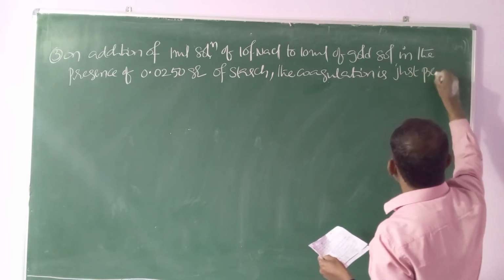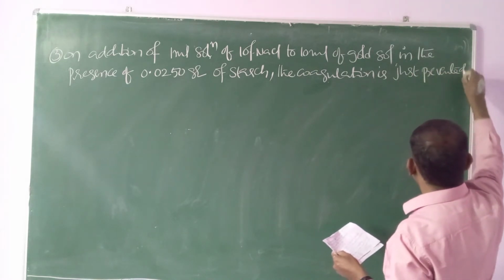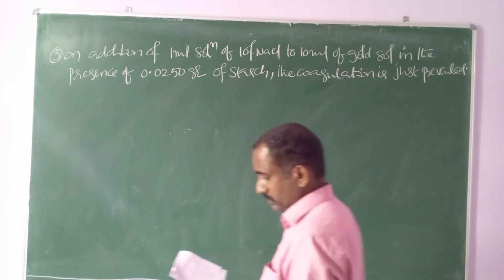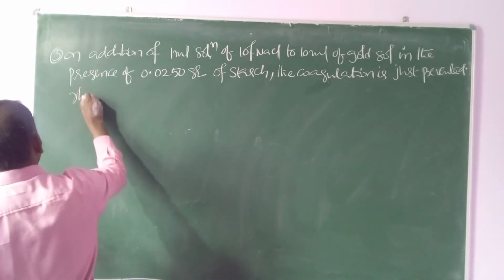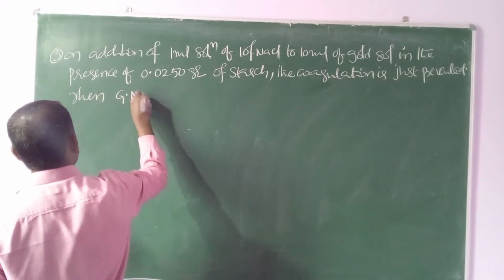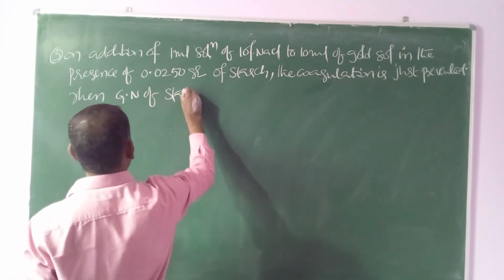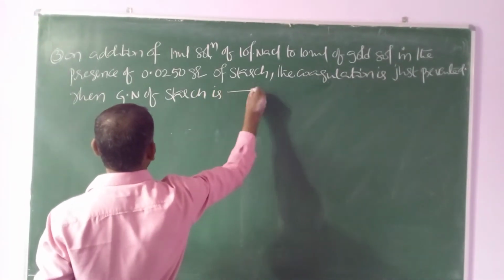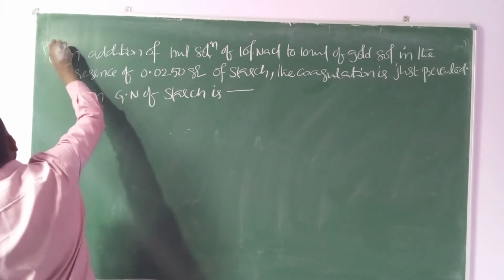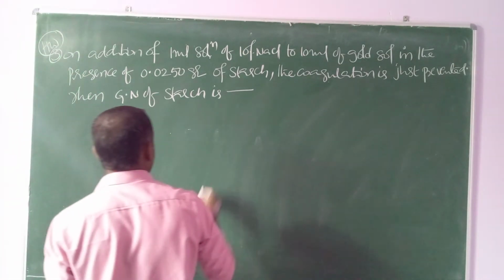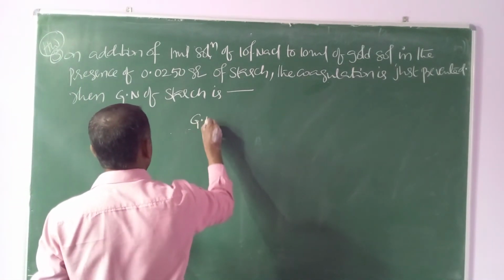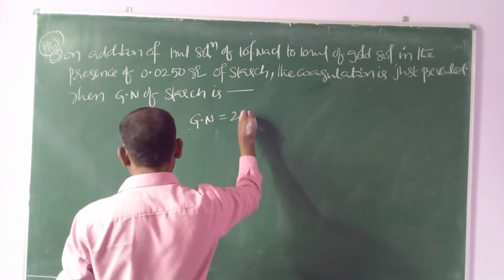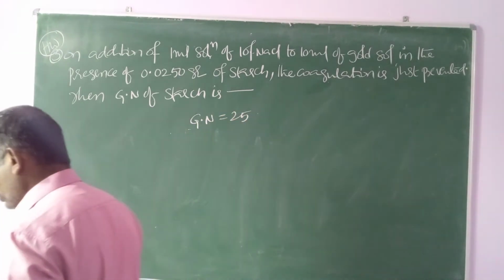Then the gold number of starch is dash. So this problem you can do as homework. Your answer is 25. The gold number of starch is 25. That you can calculate, same model.